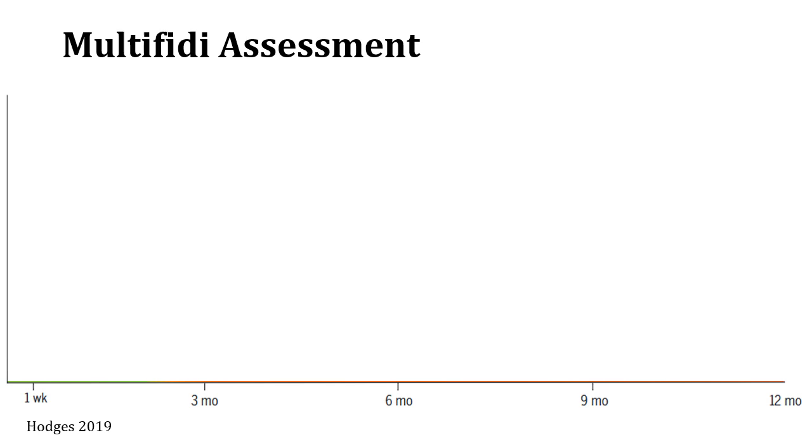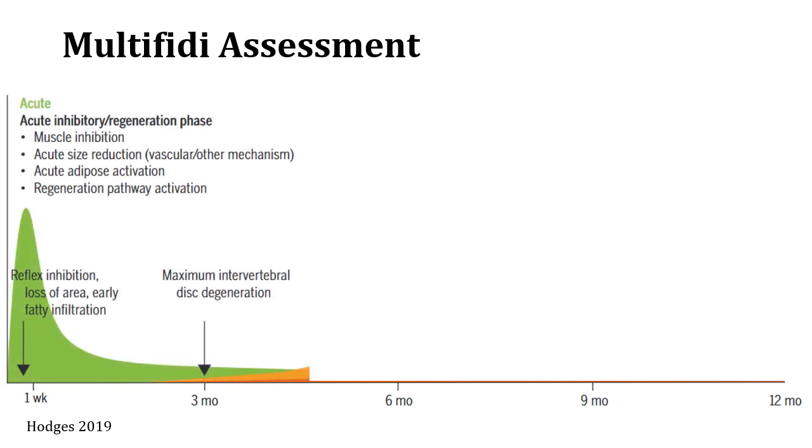Needless to say, the multifidi are drastically affected not only in the acute, subacute, and the chronic low back pain patient. If we look at this across time, we can see in the first week that there's a significant increase in muscle inhibition. Acute size reduction and vascular and other mechanisms are at play that cause this size reduction.